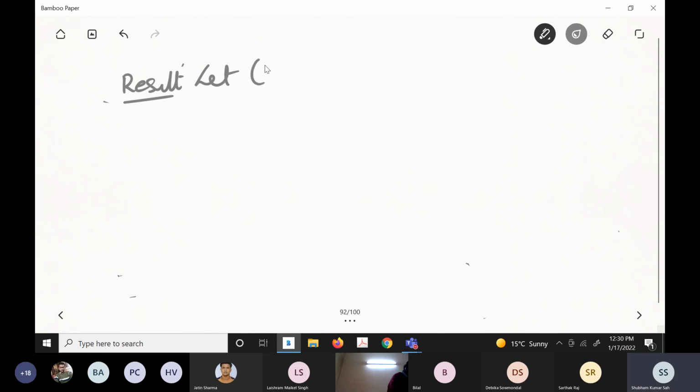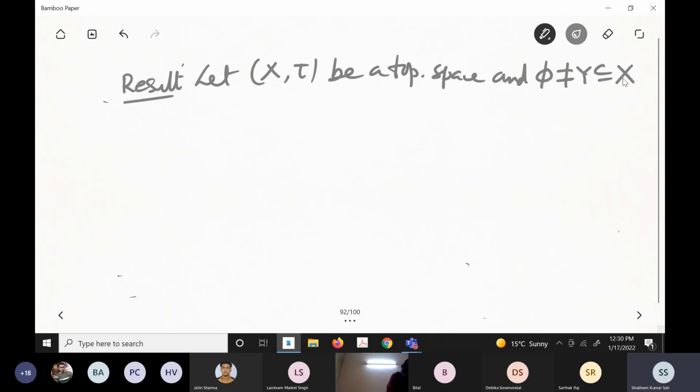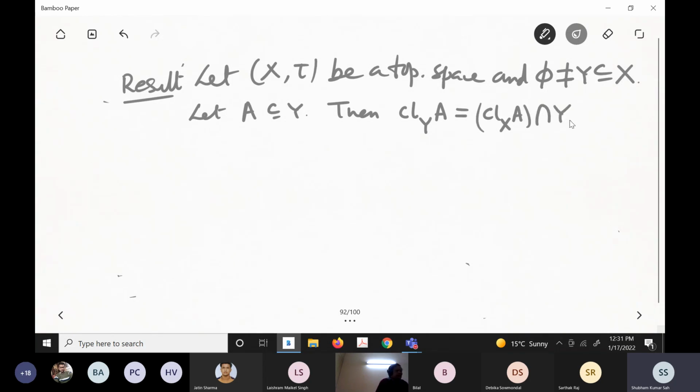Let X, tau be a topological space, and Y be a non-empty subset of X. Let A be a subset of Y. Then the closure of A in Y equals the closure of A in X, intersection Y. That you should be able to prove.